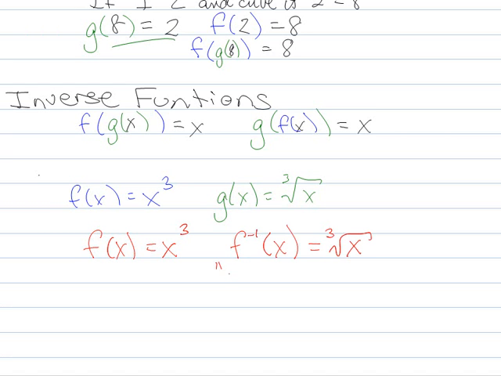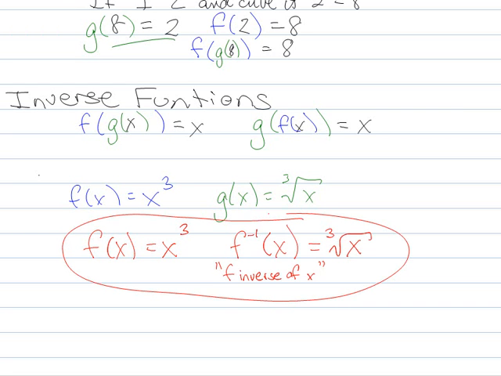So the way we say this is f inverse of x is the cube root of x. This is the format that we use. If f of g of x is x and g of f of x is x, kind of like Dr. Seuss, Fox and Socks and Box and Clocks, then those functions are inverses of each other. We're going to spend a lot of time talking about inverse functions and figuring out how to manipulate them.